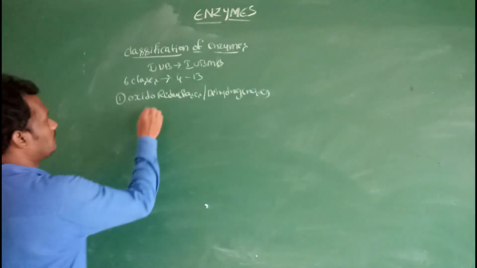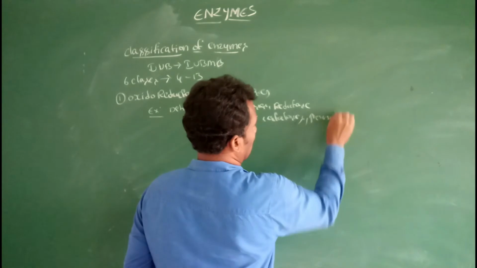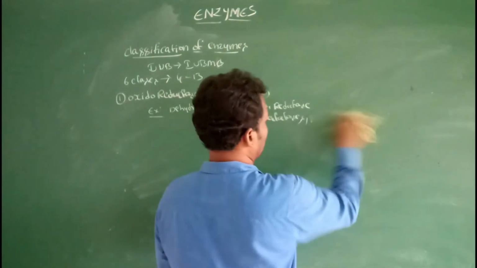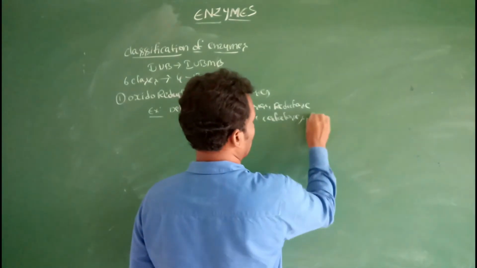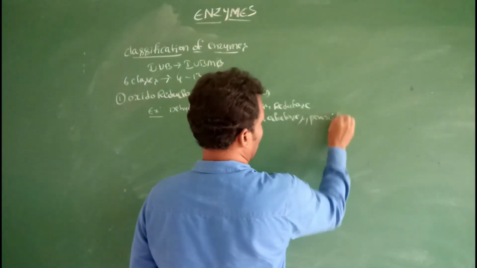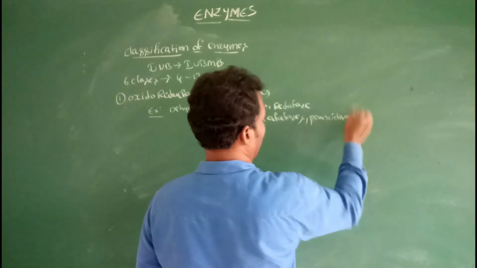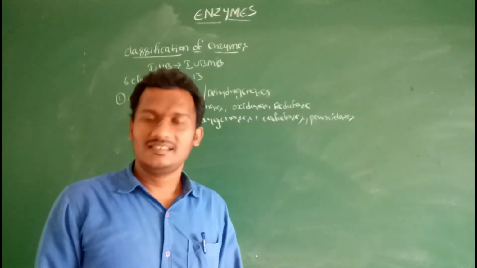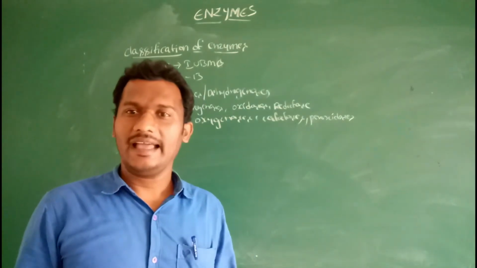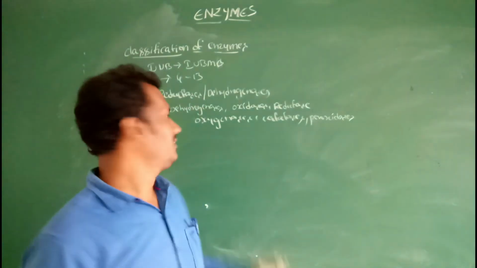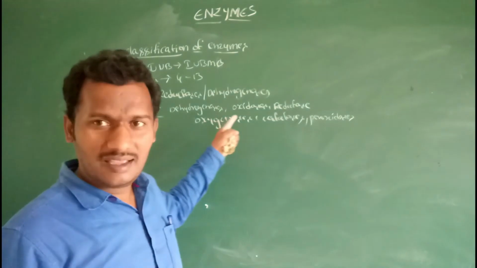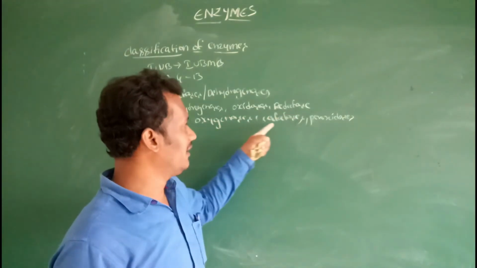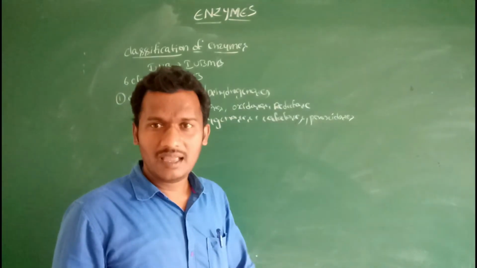These enzymes catalyze both oxidation as well as reduction. Examples are dehydrogenases, oxidases, reductases, oxygenases, catalases, peroxidases.